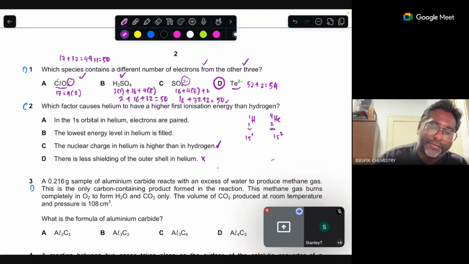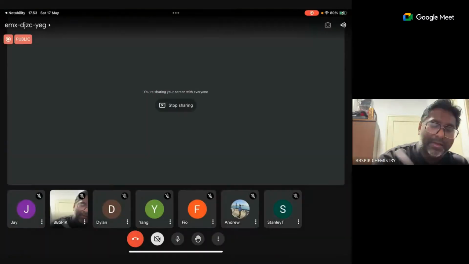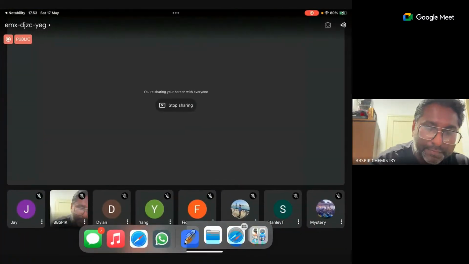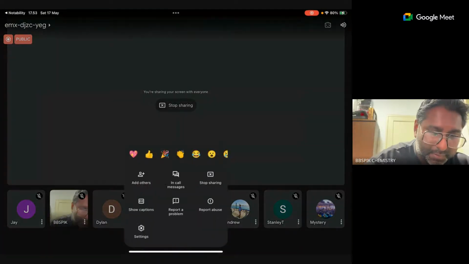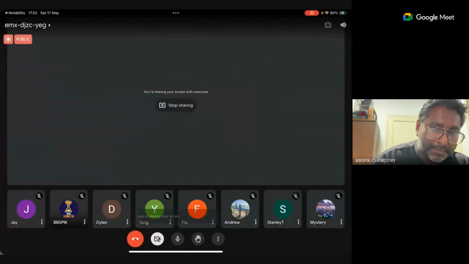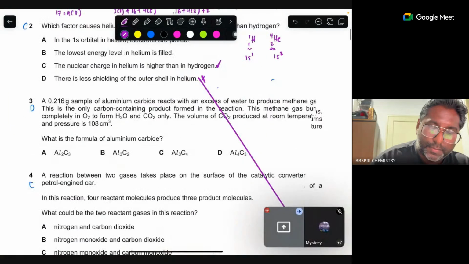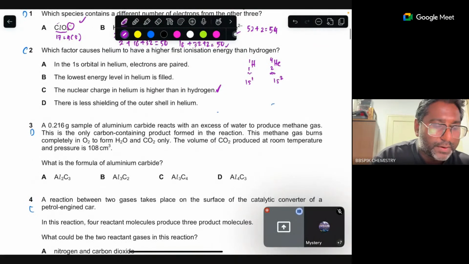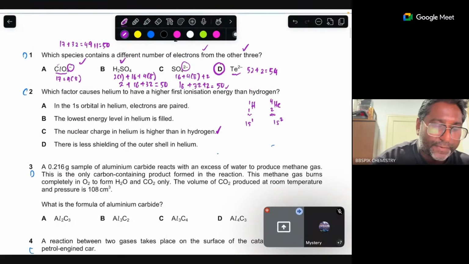There is no inner shell over here, so it has nothing to do with the shielding effect.